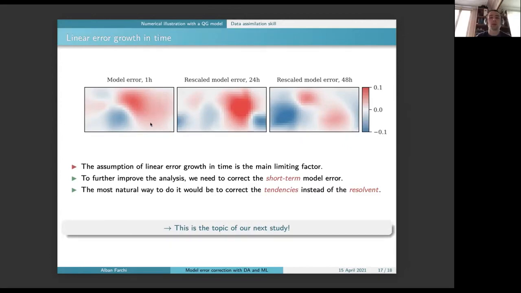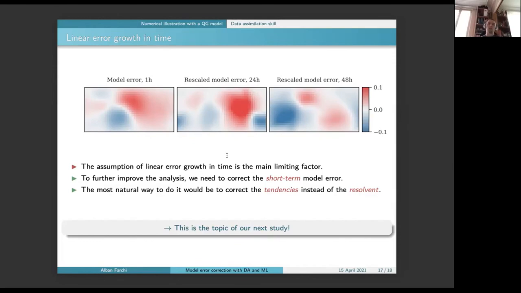For 1 hour, so this would be the short-time model error, and for 24 hours and 48 hours. Both have been rescaled by a factor 24 and 48 in this case. So these are very different from one another.